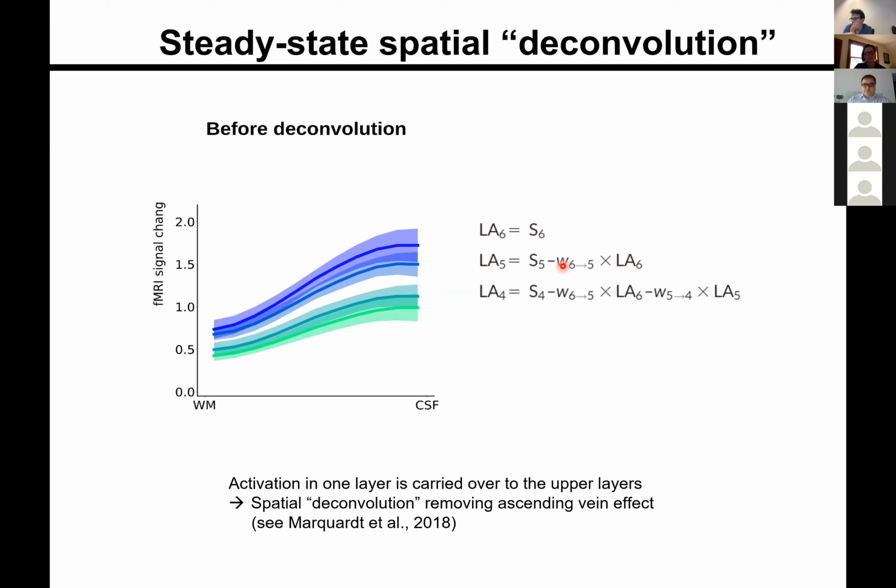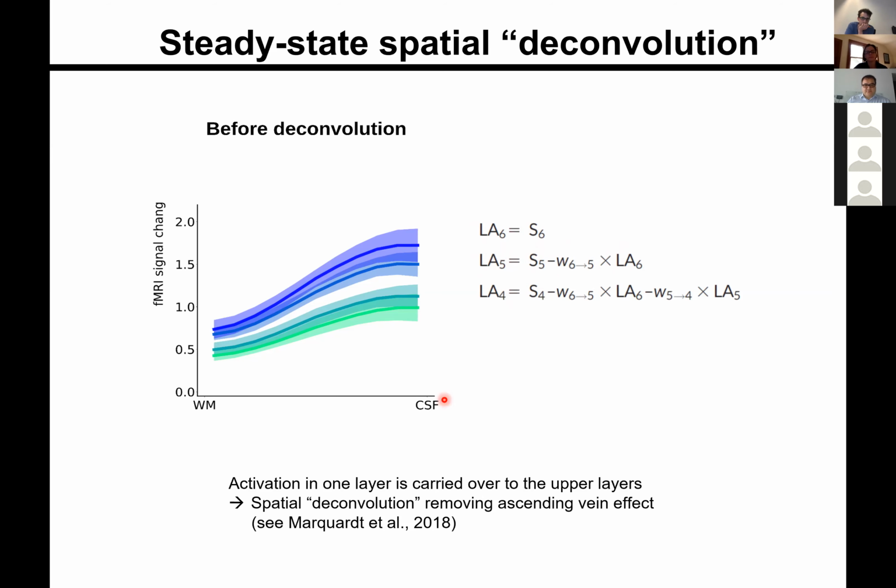And this weight we take just from the calculated theoretical estimates of how much layer 6 affects layer 5. Then when we subtract this contribution, what we are getting is the true layer 5 activity. And then we go to layer 4 and so on.